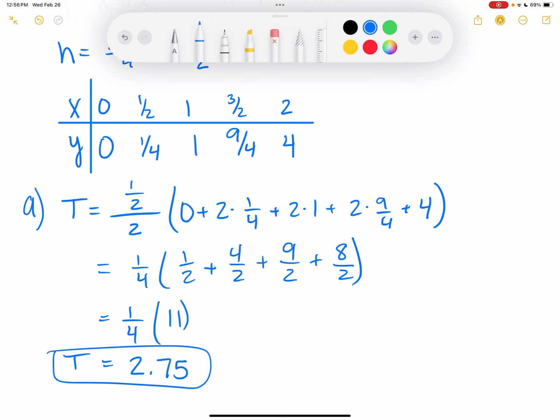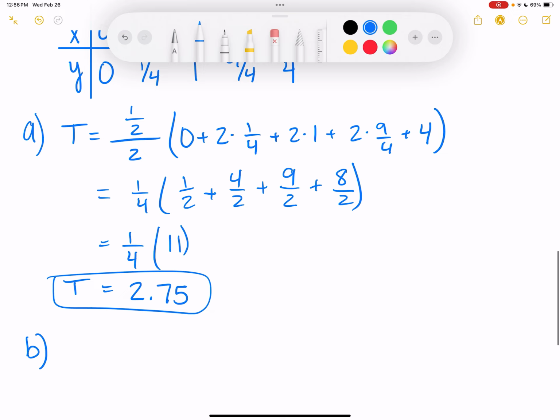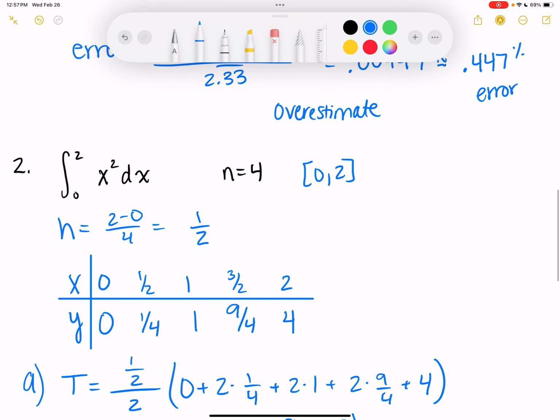All right, part B is use the concavity of the function to predict whether the approximation is an overestimate or an underestimate. So, what's the derivative of f? What's the derivative of this?